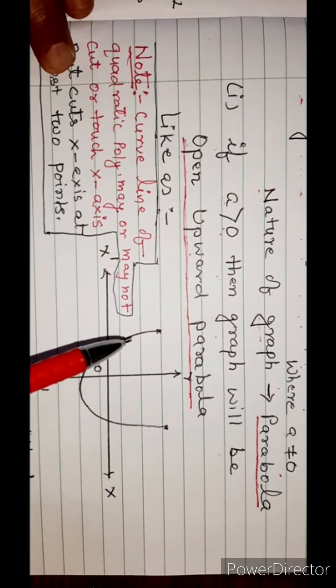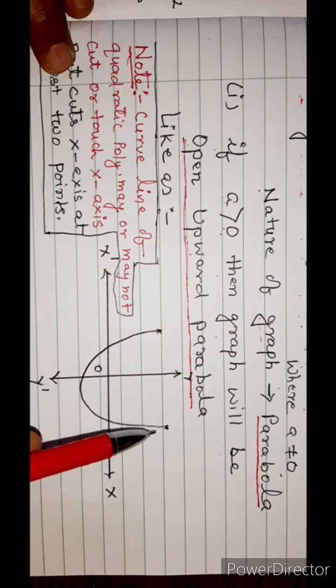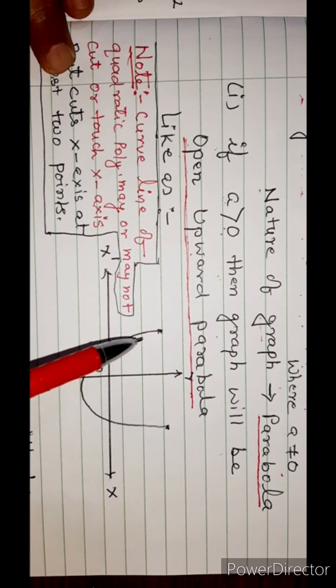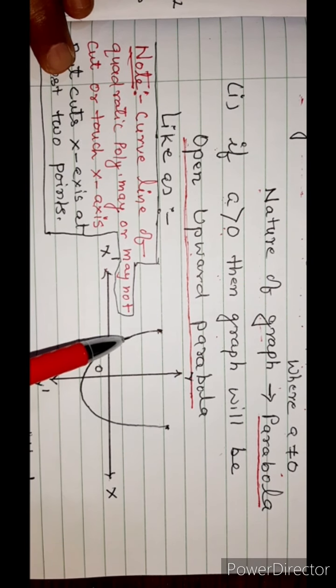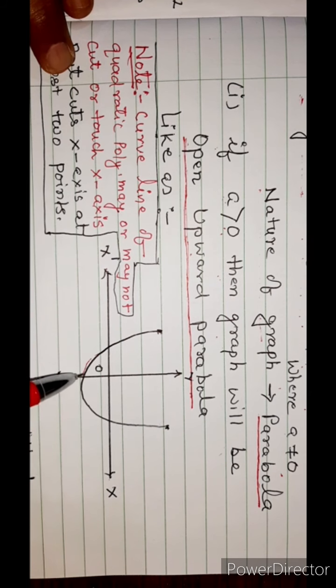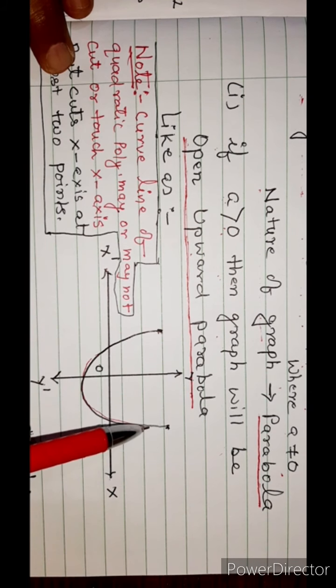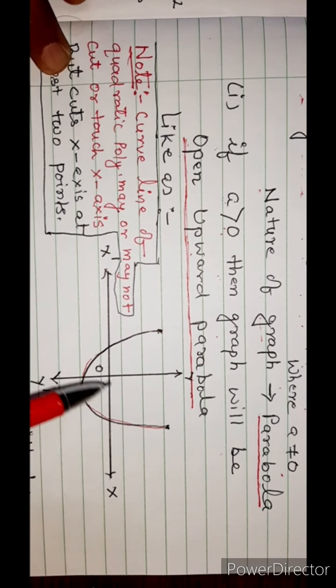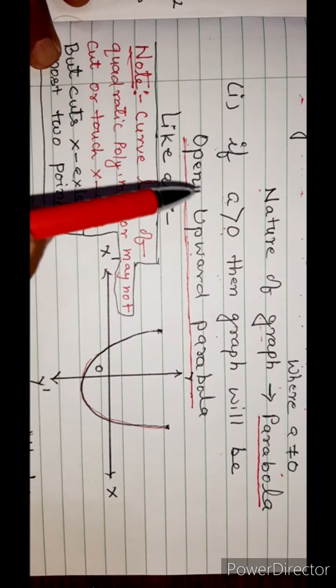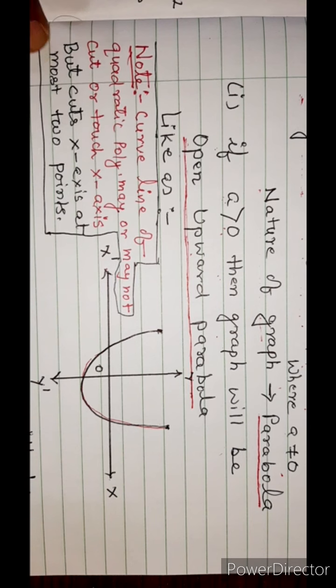Look here. This is the graph of a quadratic polynomial, and this shape looks like a parabola. Okay, so this is the open upward parabola because here a is greater than 0.